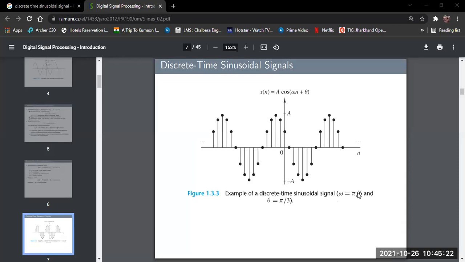I am showing you the discrete time sinusoidal signal. If I draw it, it's not a problem, but there will be a problem when I draw it. So let us see that. You can see this is the discrete time sinusoidal signal, and this is a cosine signal.